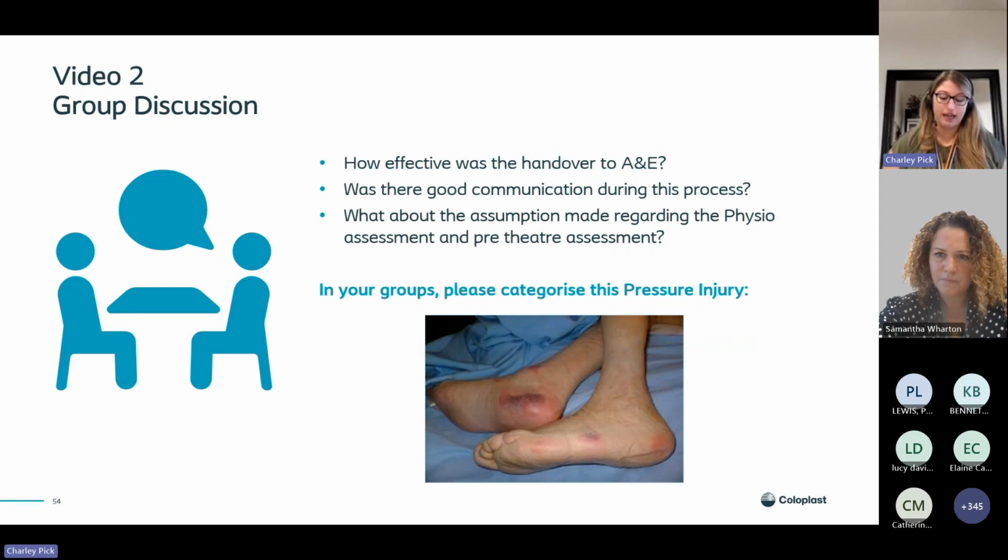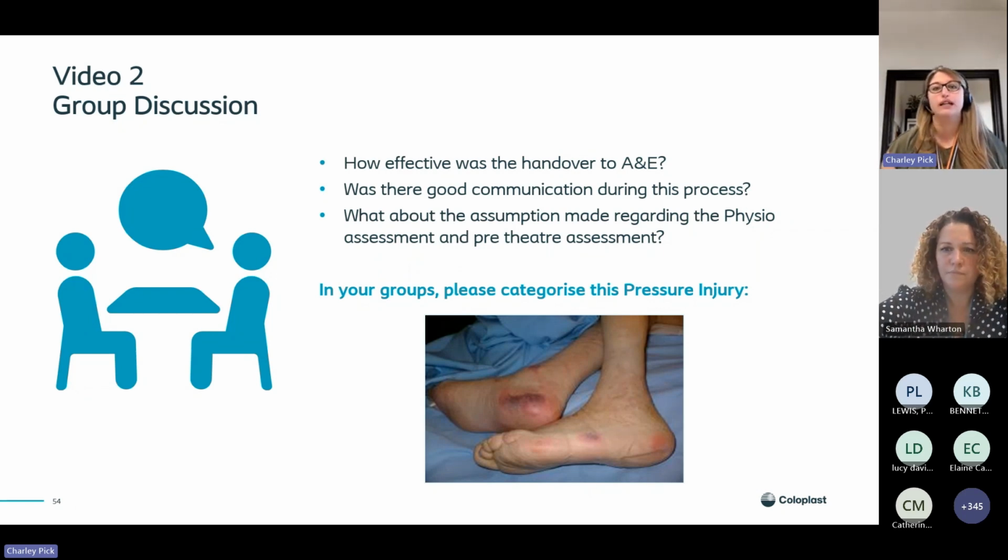And then they also said she had a red area. But they never said the skin was broken until they said it was weeping, so they put a dressing on it. That's what I mean when I talk about your documentation. If you say an area is red, that just means that it's red.